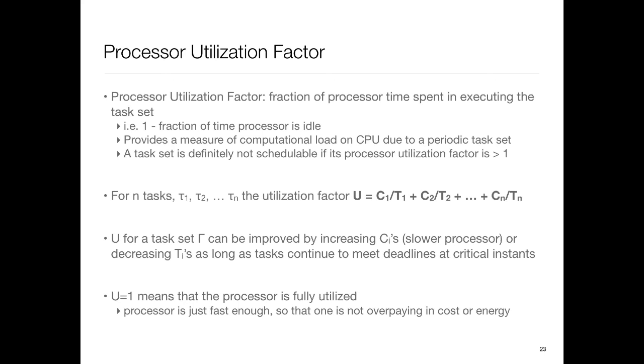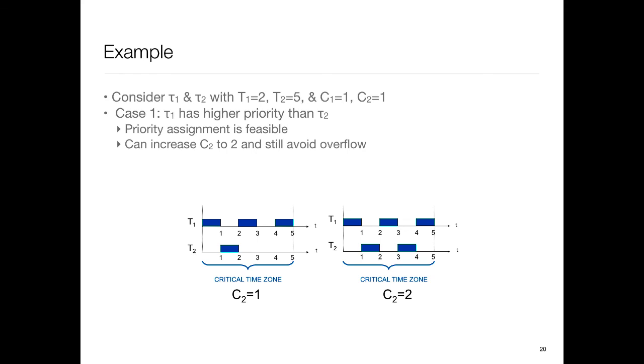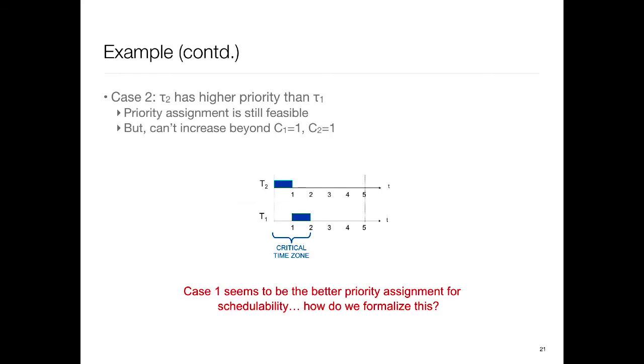problems. So one of the disadvantages of this fixed priority scheduling, something that we saw, and I'm going to go back to this example, is that I cannot keep the processor fully occupied under certain circumstances.